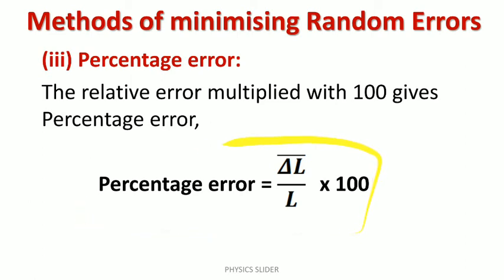This is the formula for percentage error. In so many numericals, we will be needing to calculate the percentage error. So these were some methods of minimizing the random errors.